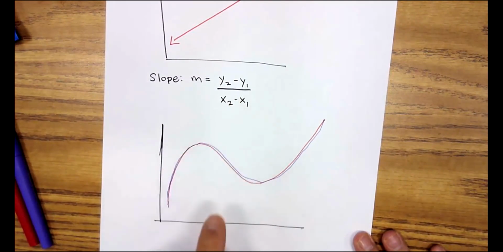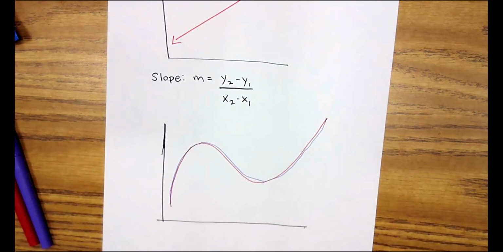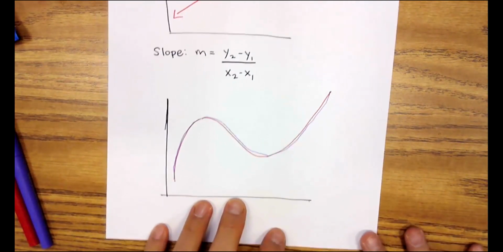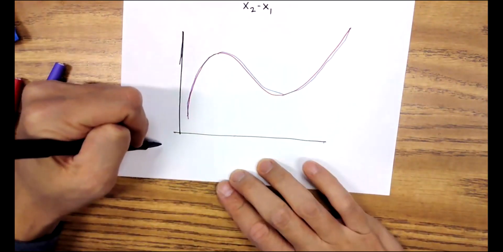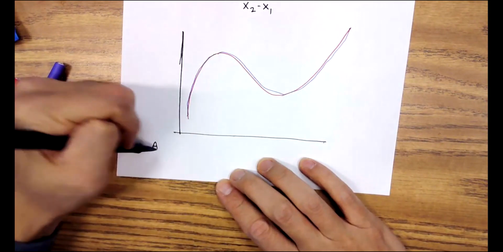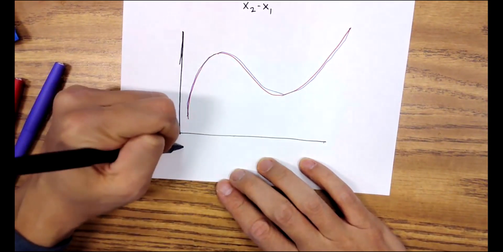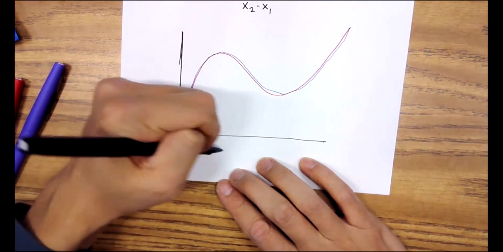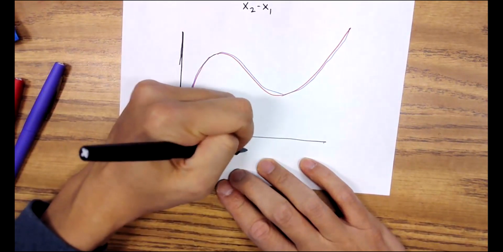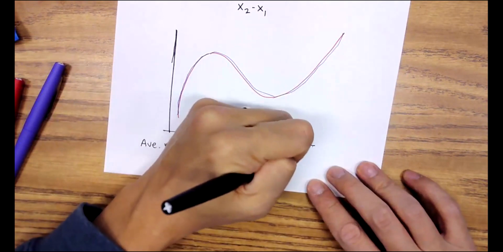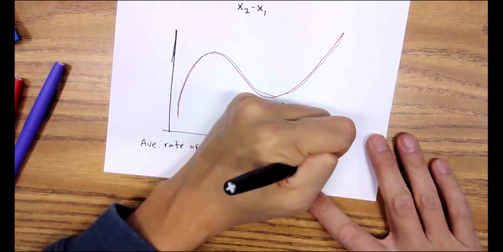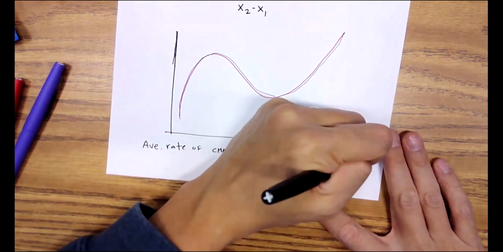Okay. The only difference is the problem itself is going to give you what your x values are. Let's get the average, like an example problem would be, what is the average rate of change between x equals 1 and x equals 5?